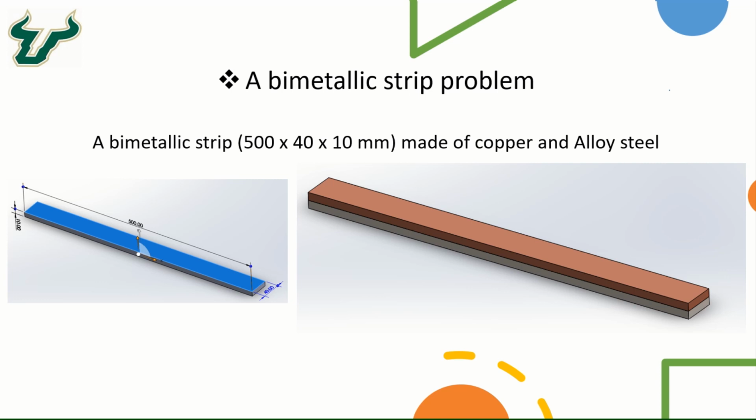That's the basic idea here, and the dimensions which we know are 500 millimeters length, 40 millimeters wide, and 10 millimeters thickness of the strip. These are two identical pieces of metal bonded to one another, and we will simulate that using the simulation.